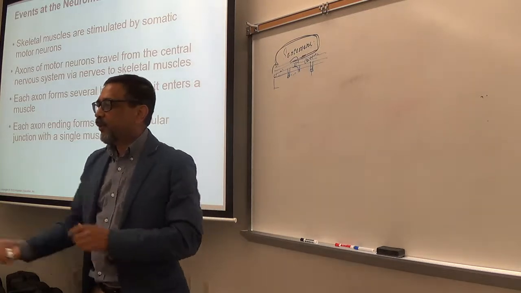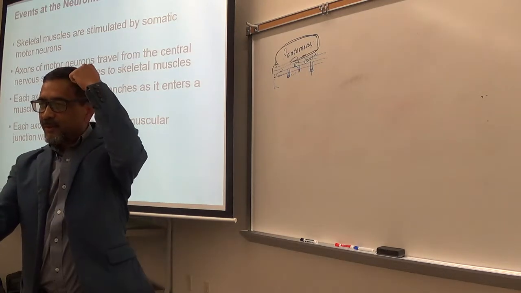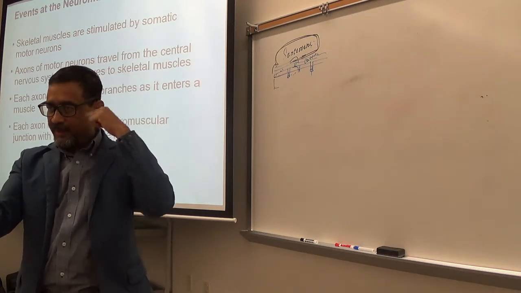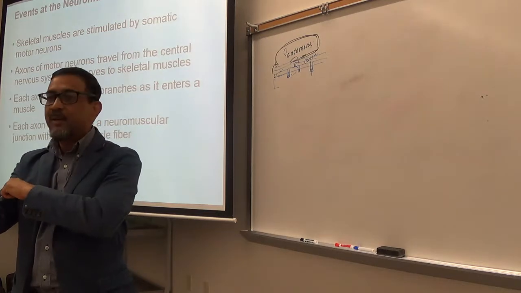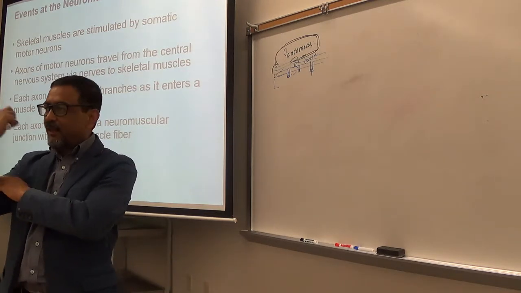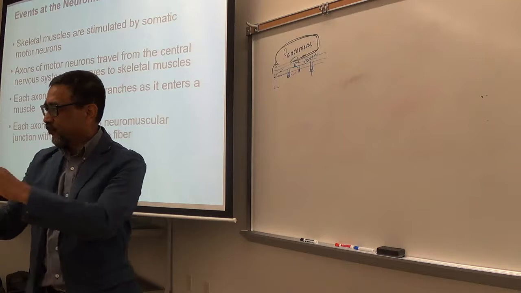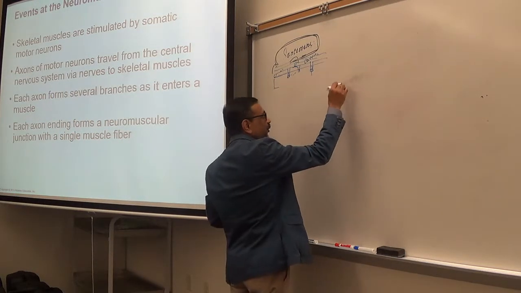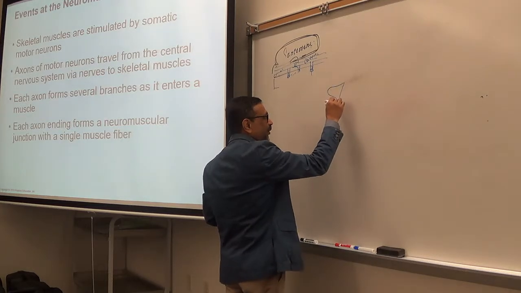I told you, when we contract the muscle, we send signal from the brain, right? That I'll contract this muscle. So from the brain, electrical signal goes to the muscle, right? Then the calcium is released. So, from the brain, you tell me, who takes the signal to the muscle?